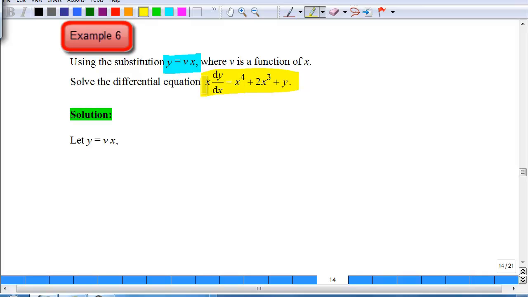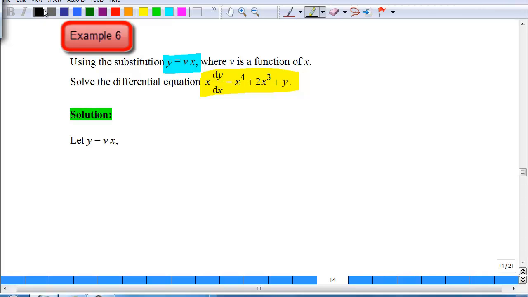The idea of substitution is to convert one of the variables into another, so that your dE will become much simpler for you to solve. So let's start. In this case you are given that y is equal to vx.